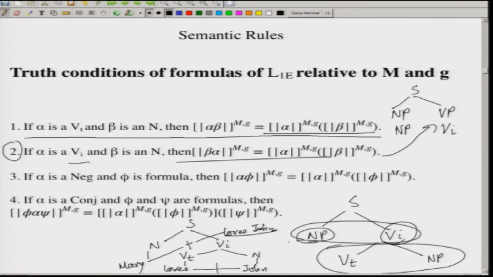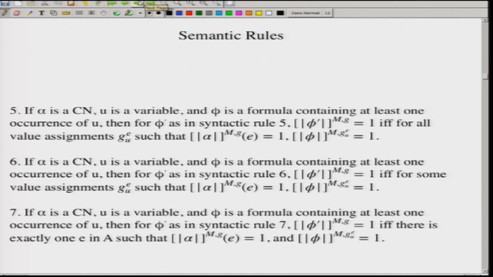So that's why we have these two rules, and then we have rules for negation and all that stuff. If we remember, it's very easy for us. Then these are the conj rules, and these three are the most important rules for us.